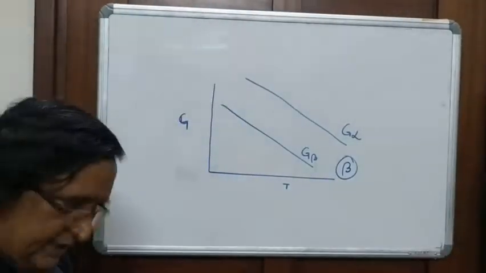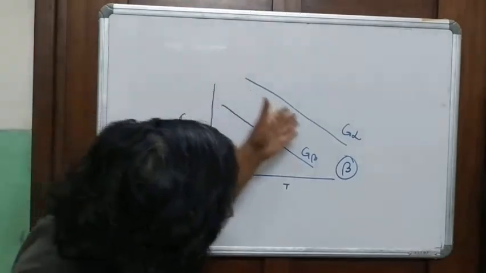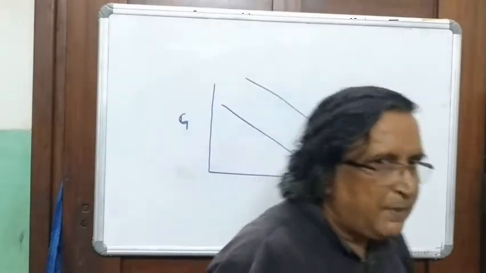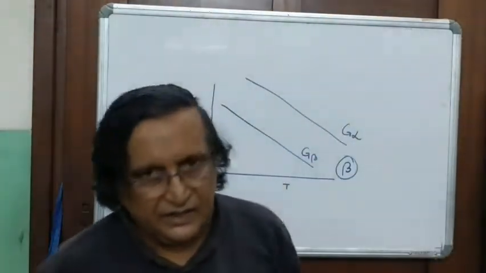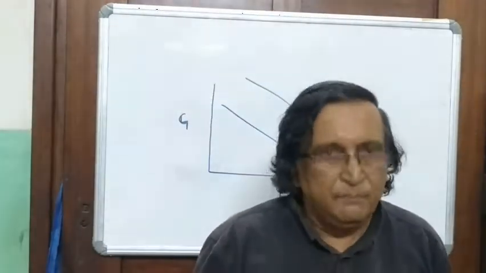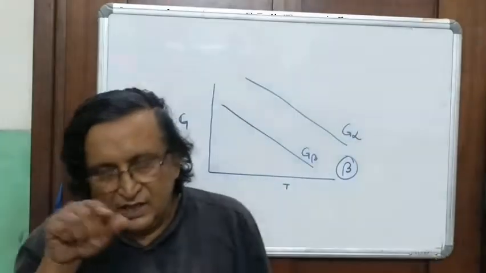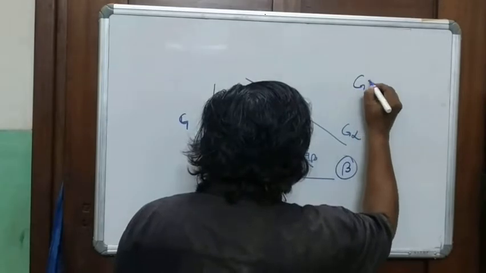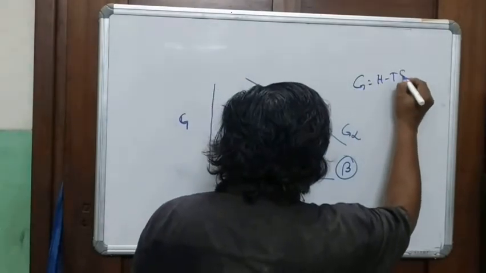Another thing I will tell you: I'm drawing straight lines, linear graphs here, but in actuality it is not linear. These are all curvilinear, because the equation I'm using is a very simplified form, H minus TS.